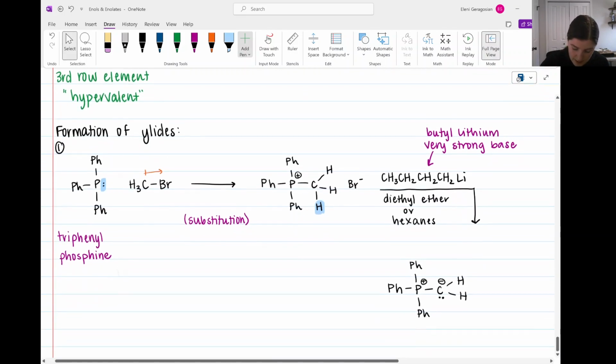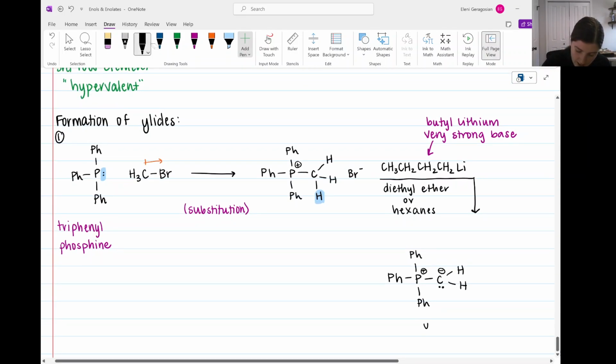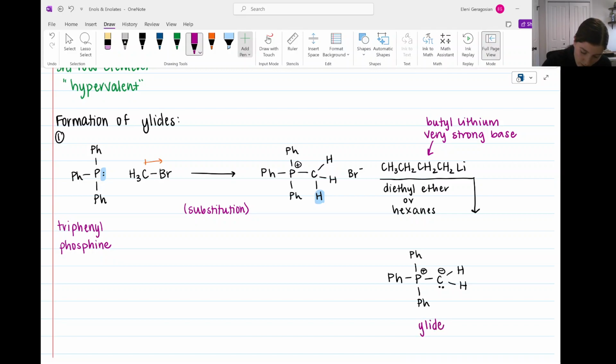And this is the ylide. This is the resonance structure of the ylide with the carbon having a negative charge. Byproducts of this step are lithium bromide and butane.